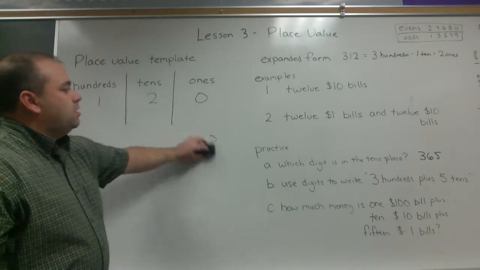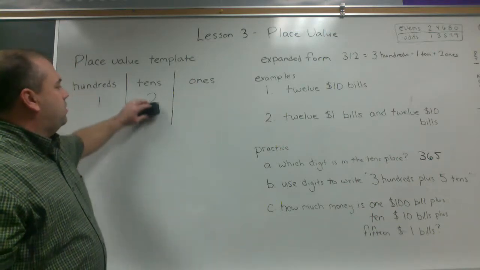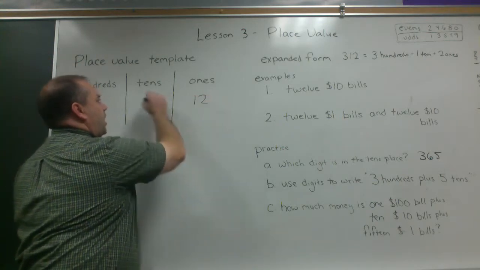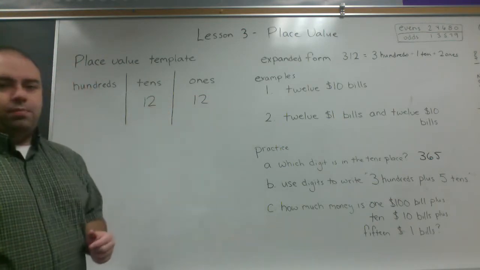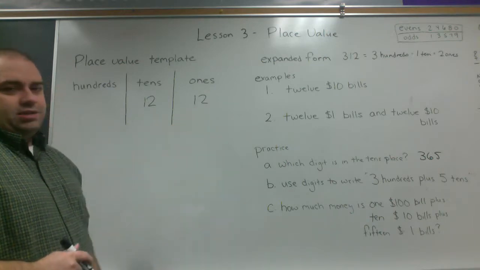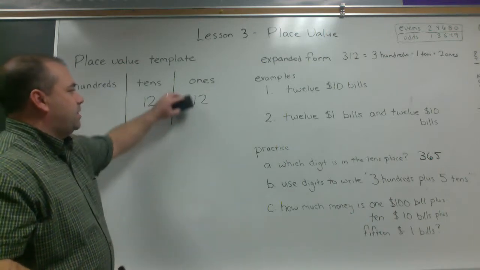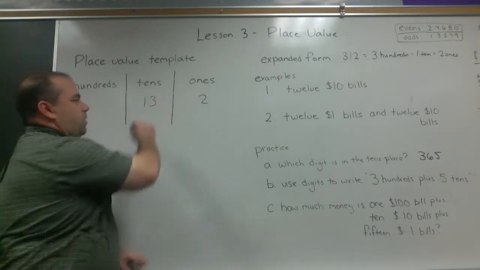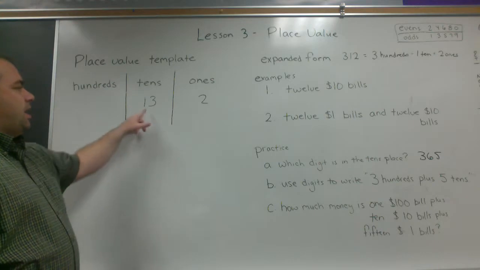Number 2, 12 $1 bills and 12 $10 bills. So if I have 12 of these and 12 of these, I have to do a whole bunch of maneuvering at the bank. So I take in my 12 ones, and they say, all right, we can give you a $10 bill and leave you with your 2. So now my ones are squared away. I have 2 $1 bills, done. I have 13 tens though.